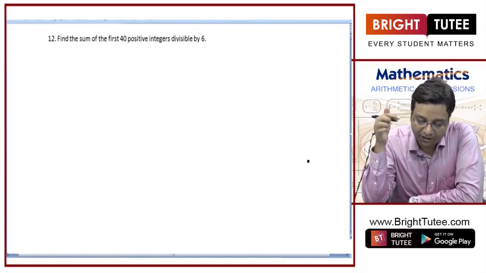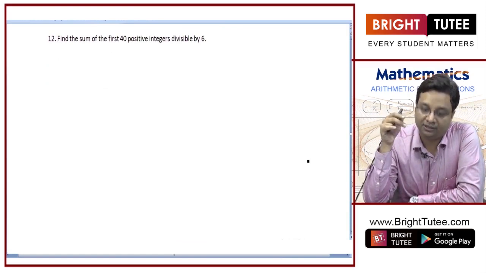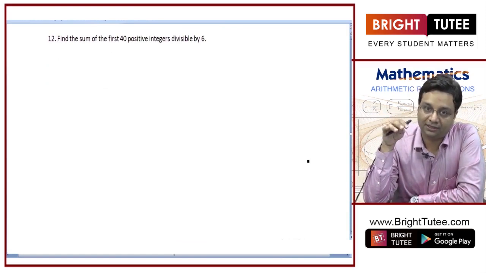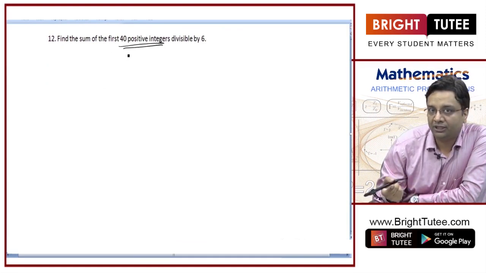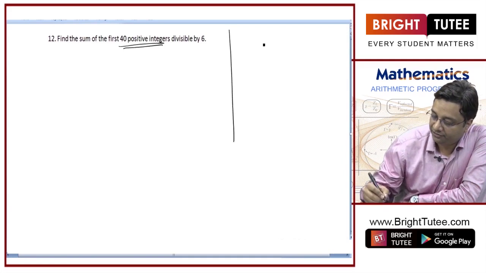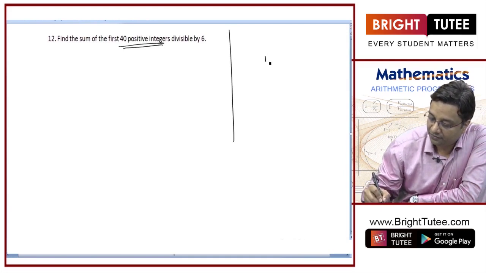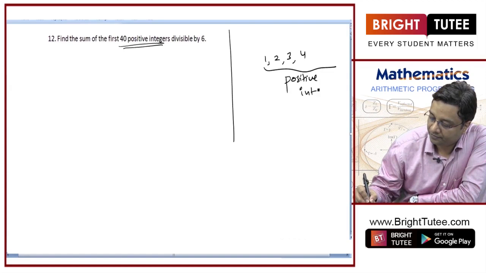Find the sum of first 40 positive integers those are divisible by 6. So first 40 positive integers, what is the first positive integer? What is the positive integer and non-negative integers? We know that 1, 2, 3, 4, these are positive integers, right?